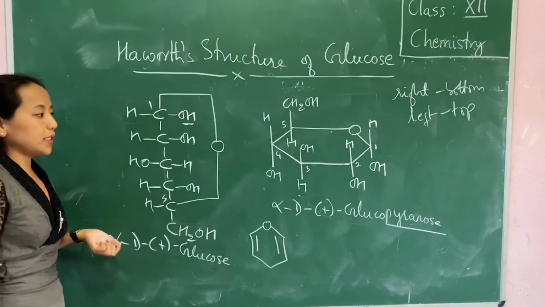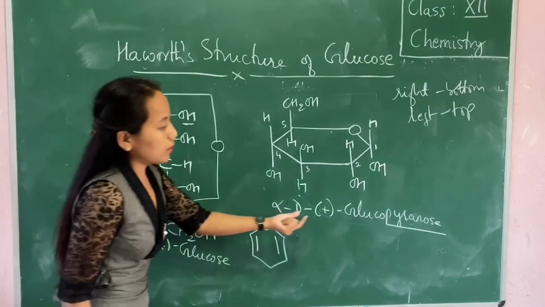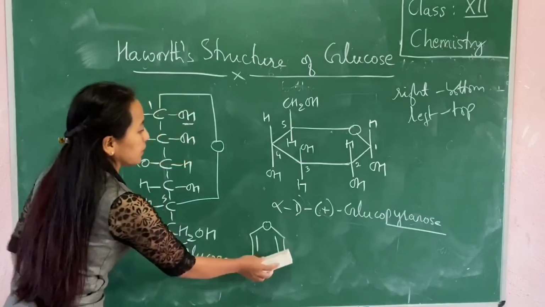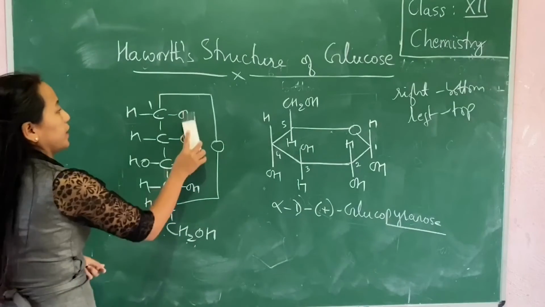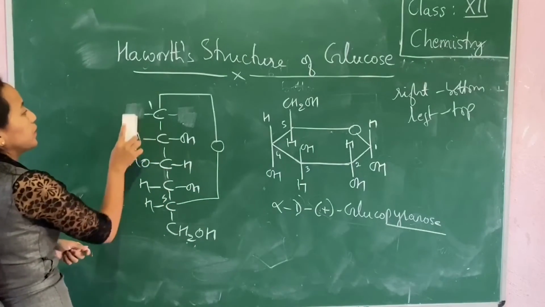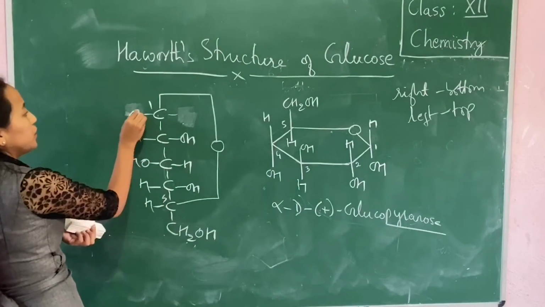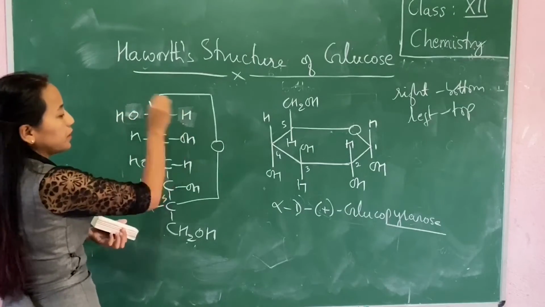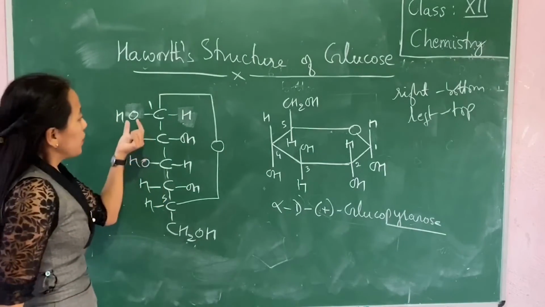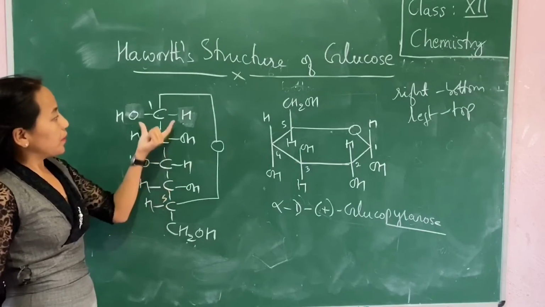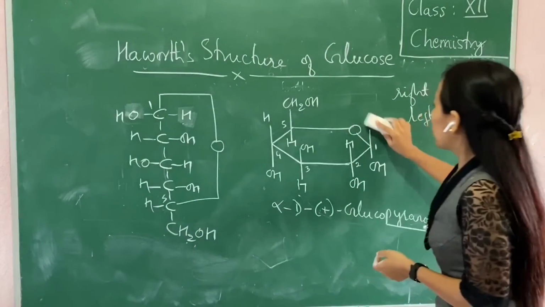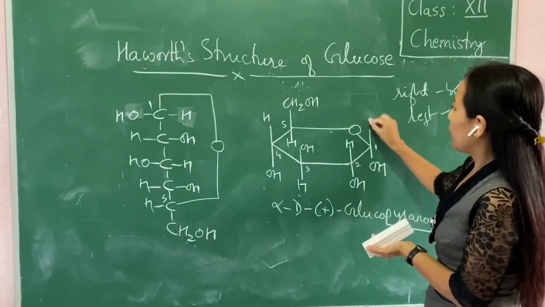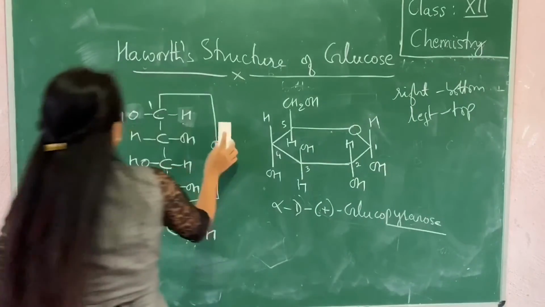Now let me draw the beta D glucopyranose. Okay, in the case of beta D glucopyranose, you have OH on the left, hydrogen on the right. Now everything will be same, only thing is this position will change. So you will have this OH on the top. Okay, I'll just write it as a different structure here.